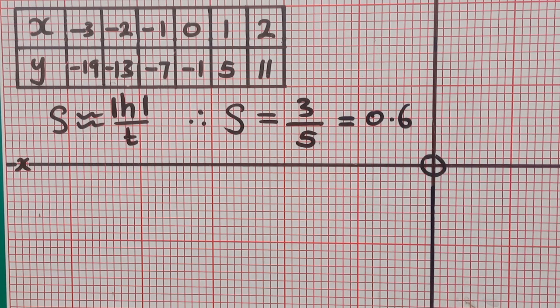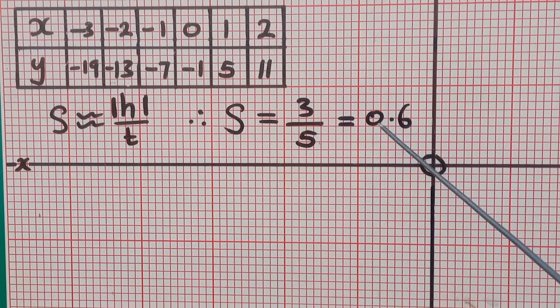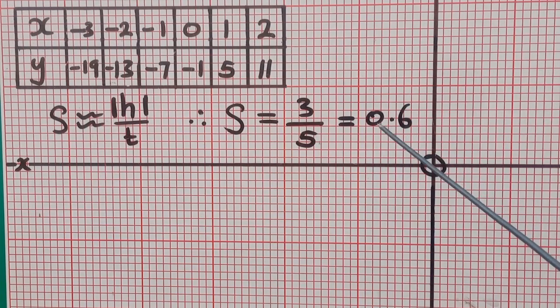But I ask again, can we make it a whole number? If 0.6 becomes a whole number, what is the nearest higher number that is equal to a whole number after this 0.6? It is 1. That is, if I approximate this 0.6 a bit upwards, what you get is 1.